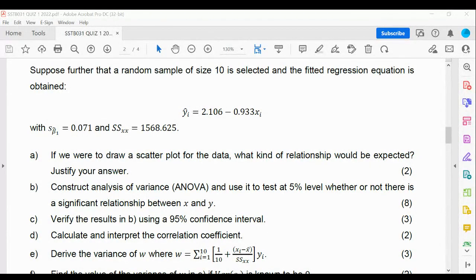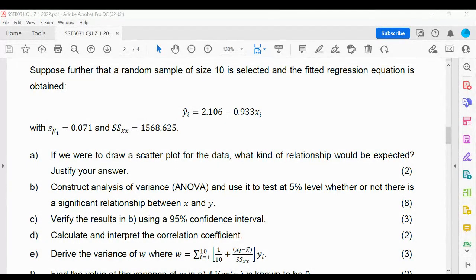When you fit a scatter plot, you will get whether the relationship is linear, and also the direction, whether it's a positive linear relationship or a negative linear relationship, or there's no relationship. So when we ask what kind of relationship you would expect, it's either a positive linear, a negative linear, or a curvilinear one.